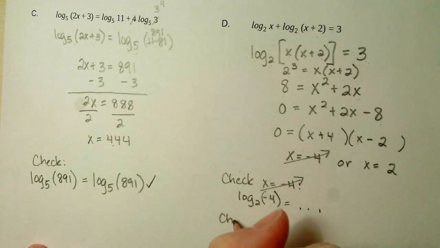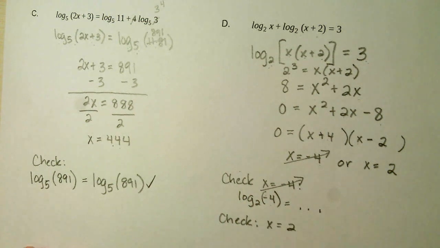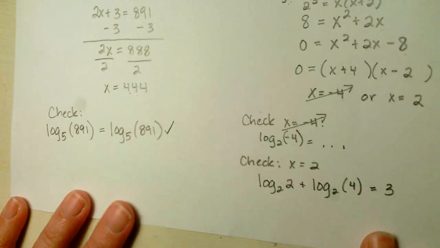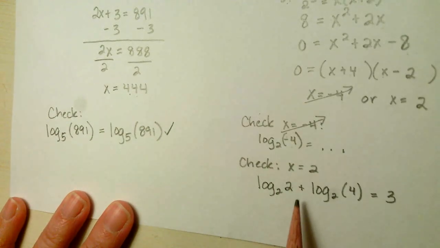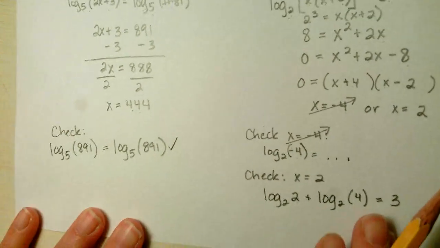Now I'm going to check x equals 2. I want to see if log base 2 of 2, plus log base 2 of 2 plus 2, which is 4, is equal to 3. Oh, I'm sorry, I went off the page. All I did here was substitute in 2 for x in my original equation.